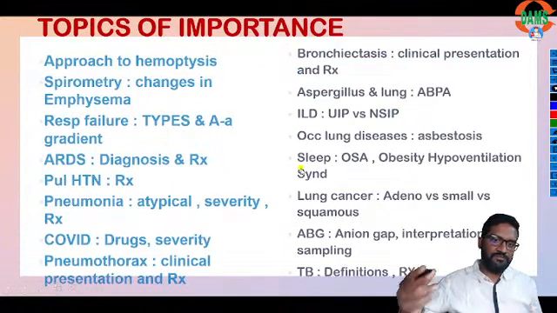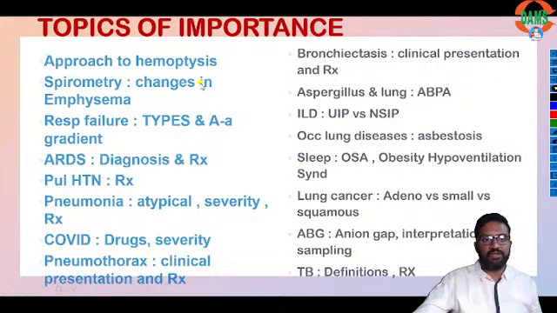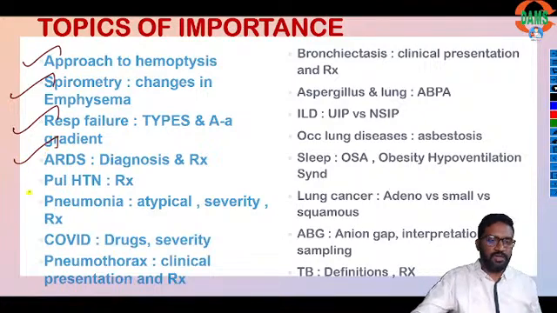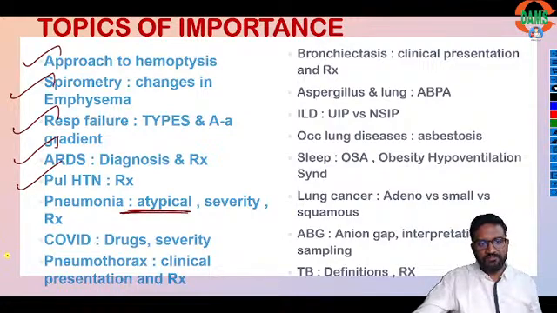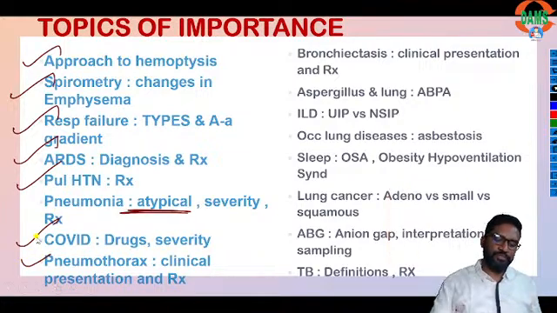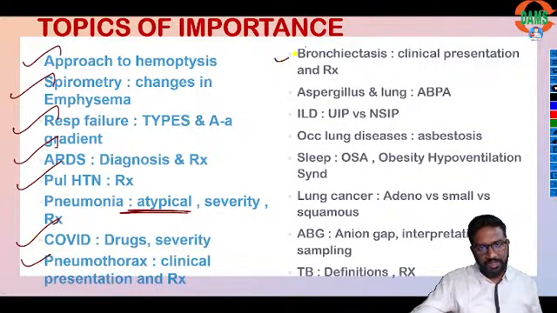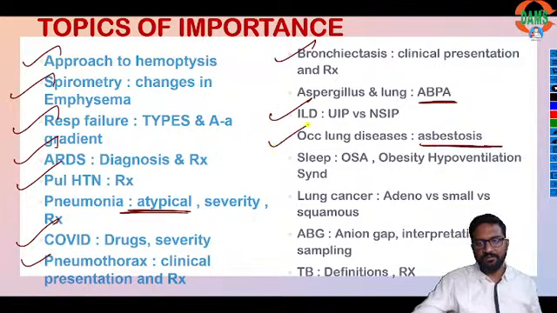And this is the list of topics where INICET frequently asks questions. In symptoms, hemoptysis; spirometry, what happens in emphysema; respiratory failure types and gradient; ARDS diagnosis and treatment; pulmonary hypertension treatment algorithm; pneumonia, they'll ask atypical pneumonia clinical presentation, severity, COVID may be asked; pneumothorax always favorite, tension pneumothorax, what should be done next; bronchiectasis may be asked; ABPA, steroid is the treatment; ILD, UIP, NSIP; asbestosis is the examiner's favorite question.